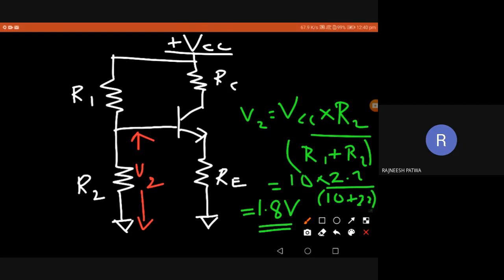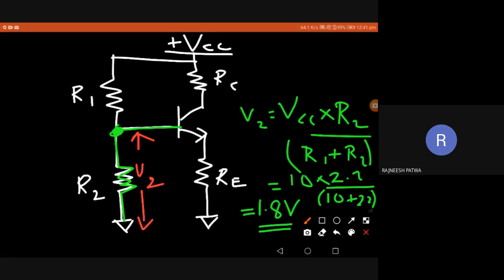Now someone may have a question here. How can I exactly calculate the value of V2 at this point? Obviously you should have this doubt, because there is another path. Not only is there one resistance R2 here, there is another path also going to the base of the transistor, right?